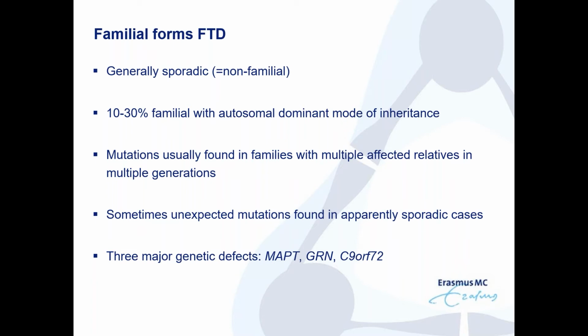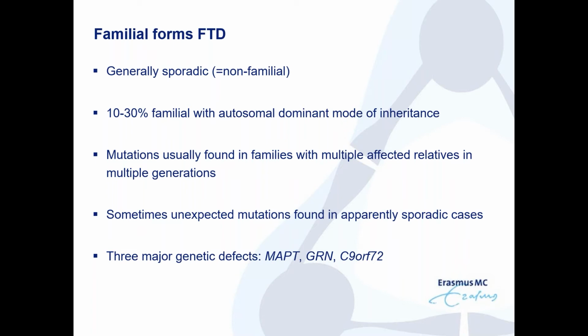We usually find such mutations in families where there are multiple affected relatives in multiple generations. But sometimes we find such a mutation in patients that seem sporadic because their parents are not affected or something. So it's always important to keep that in mind.